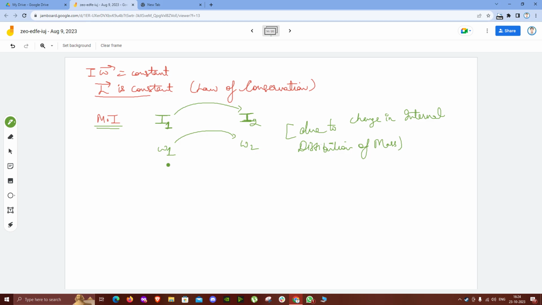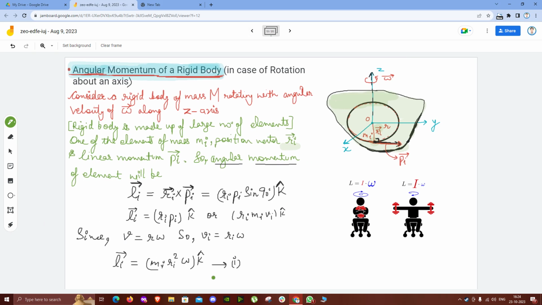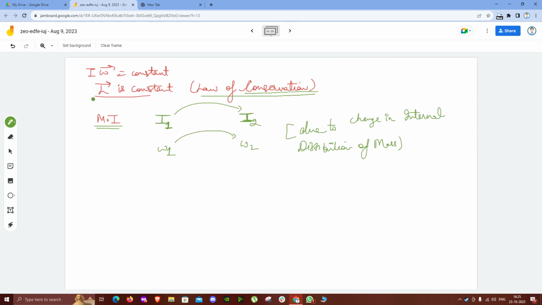But remember, the law of conservation says that if no external torque is applied on the rigid body, then its angular momentum should remain the same. It should not change. So if it was I1 omega 1 before, it should be equal to I2 omega 2 even after there is a change in the internal distribution of mass.